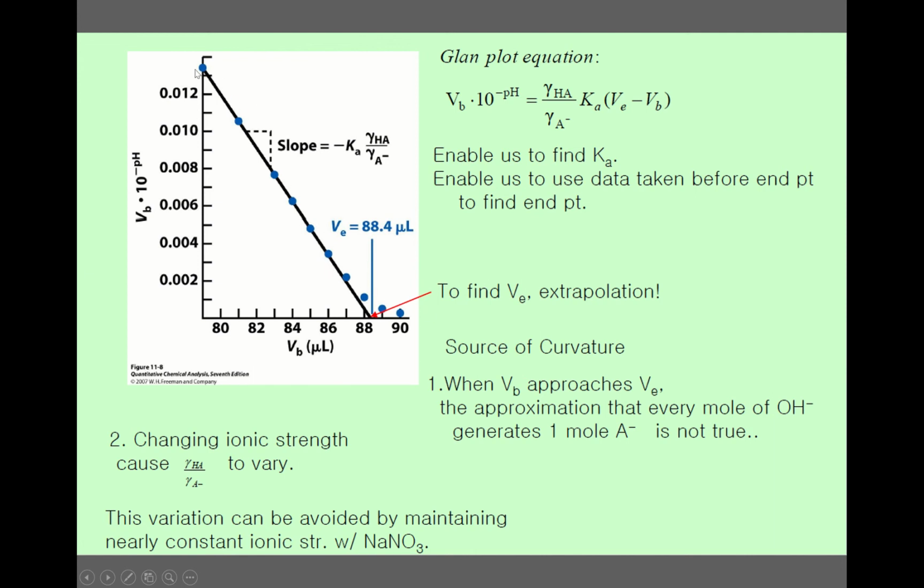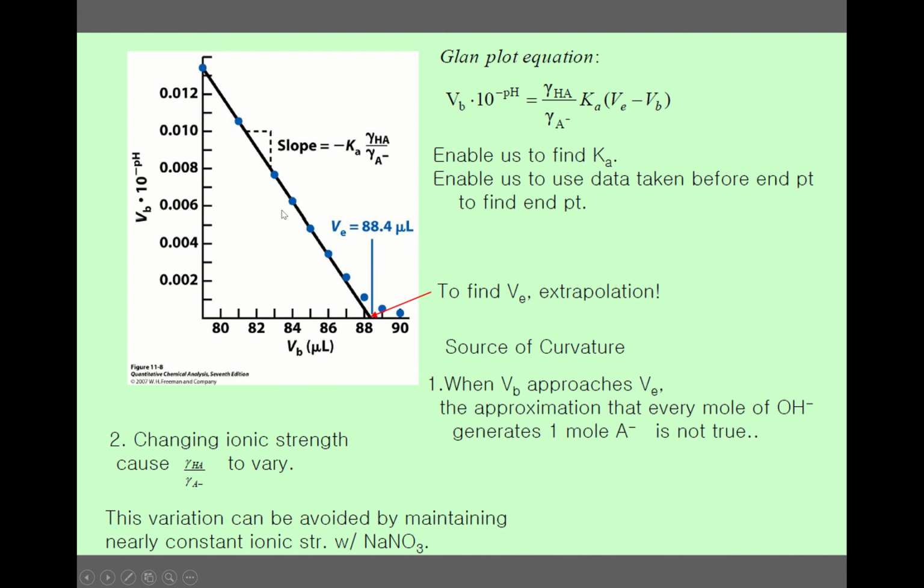So you take only linear points, those points on the linear line. Here you ignore the last 4 points. You take only the first 6 points, and then draw the straight line, and then you read the x intercept. That's the equivalence point, the volume at the equivalence point.